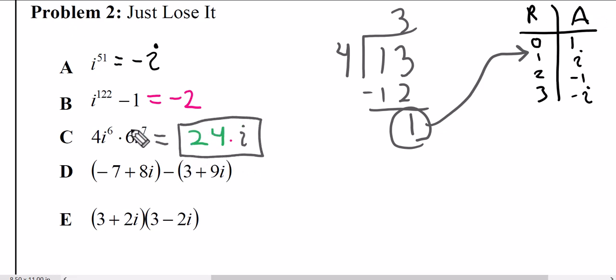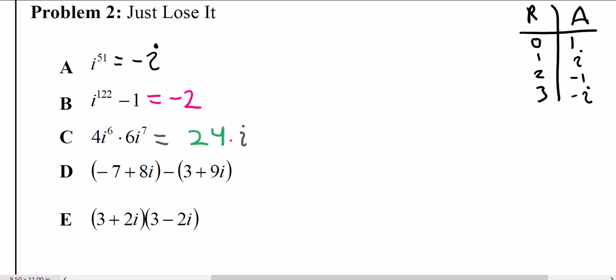But Mr. Over, where did the powers go? Where did the 13th power go? Well, we took care of it because we divided by 4, found the remainder, and went through the whole cycle. If you go back to your first set of notes and go all the way next to the i to the 13th power, you'll see that i to the 13th is equal to i.